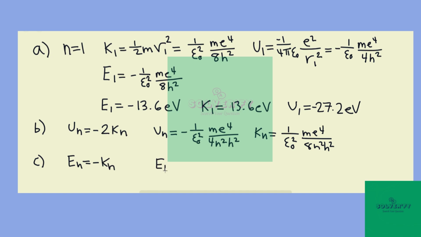Once we see that the full expression for an arbitrary n level of the total energy is -1/epsilon naught squared, m e to the 4 over 8n squared h squared, you can clearly see that this is in fact the negative of Kn. So that's it. It's relatively simple to show because we have so many constants we can pull away. The relationships become clear, and that's all we're asked for.